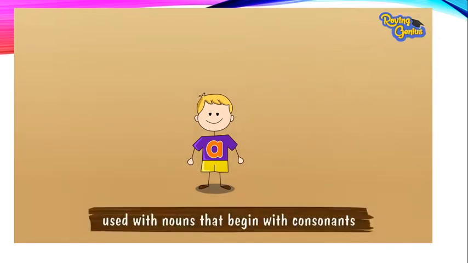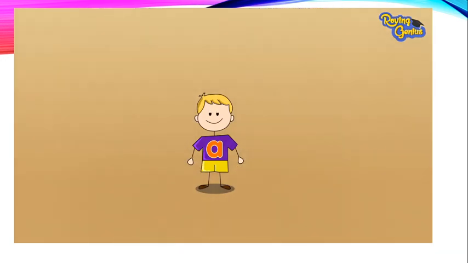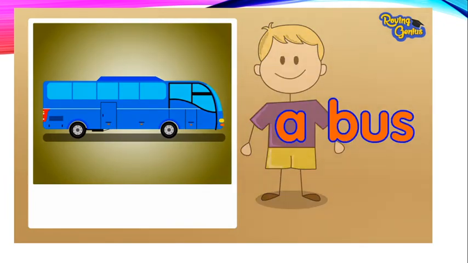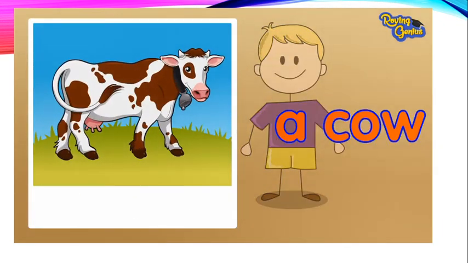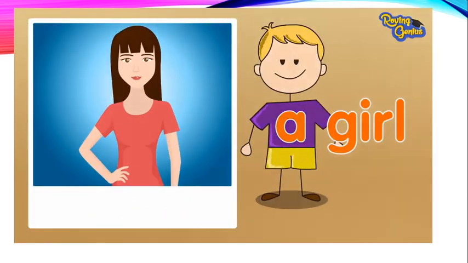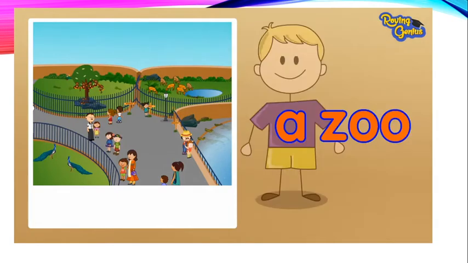The article A is seen with nouns that begin with consonants. For example, a bus, a cow, a girl, a zoo.